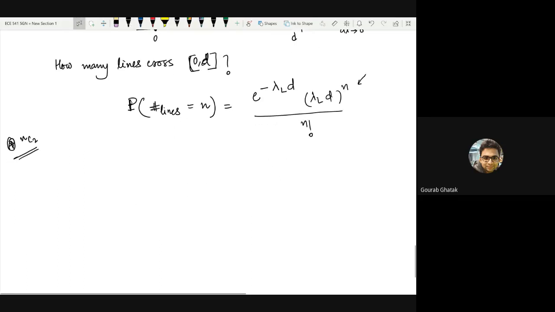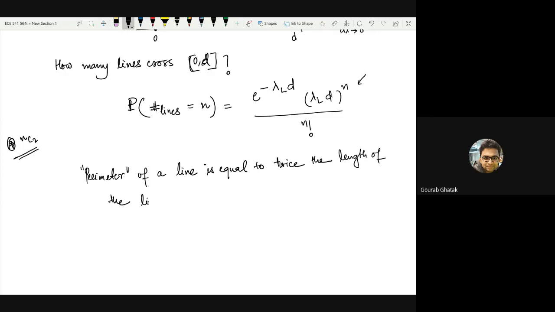So the proposition, and this I have verified with simulations, you can verify at your home, and we will be using it in our network analysis, so it's an important point to make: the perimeter of a line, if I can define it, so that's why I put it under quotes, is equal to twice the length of the line, as if an ant goes through the line from one side and comes back on the other side.